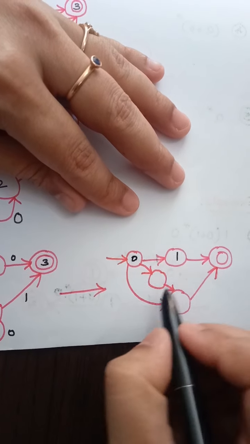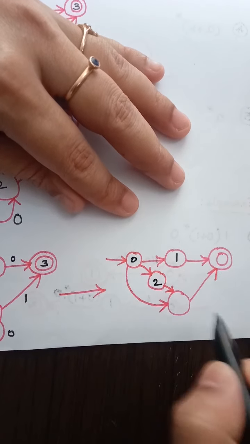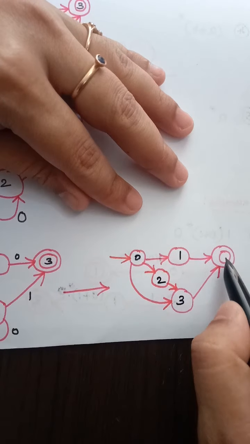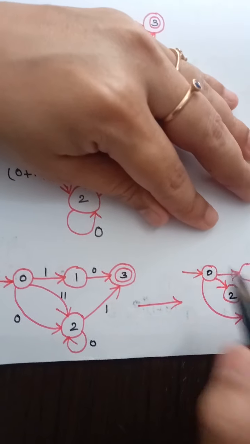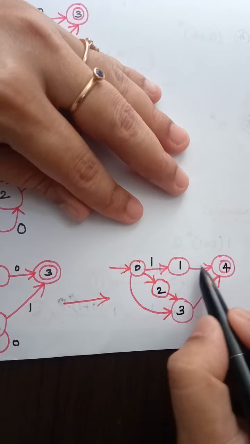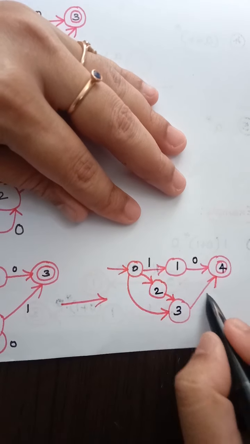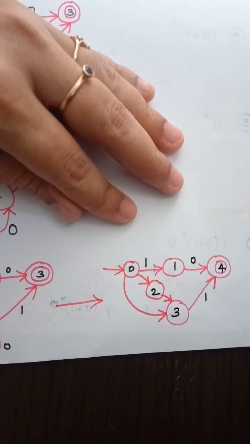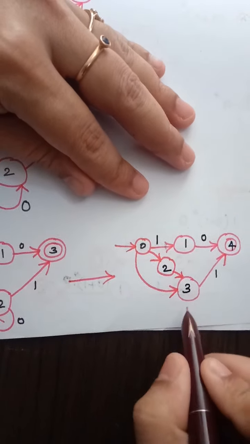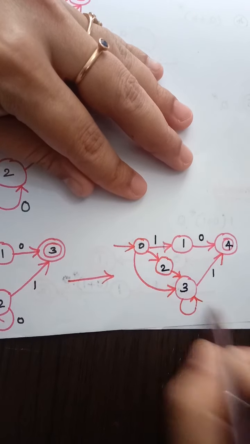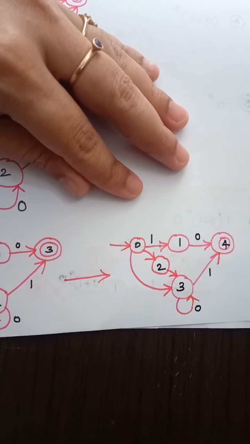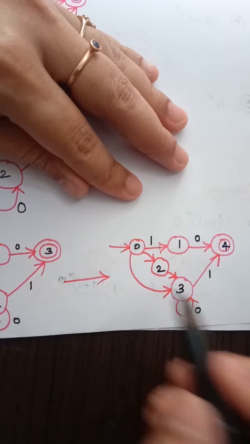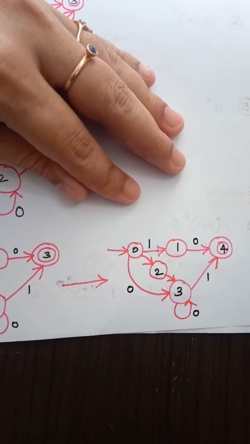Here it is 1. We'll take this as 2, this as 3, and let the final state be 4. Now the input symbols are 1 and 0. Here it is 1, and one more thing is that here we have a loop, with 0 here and 0 here.